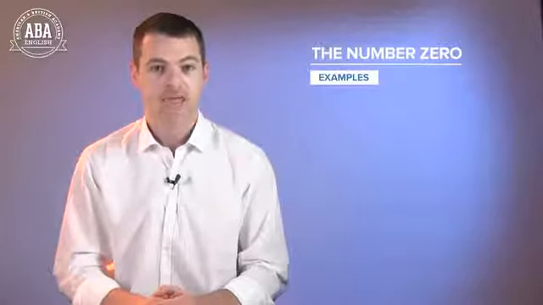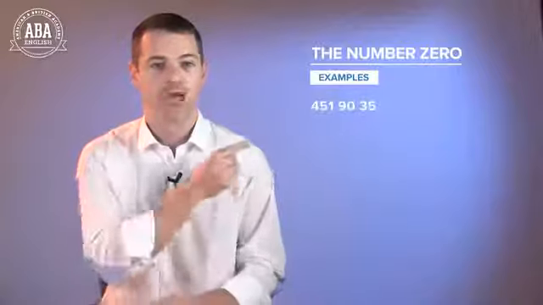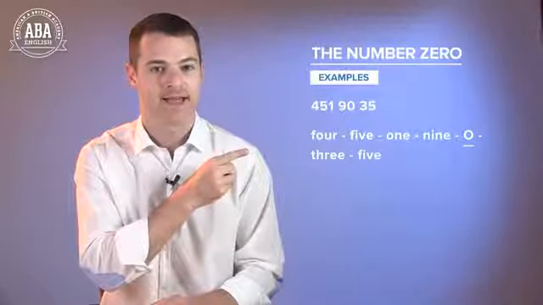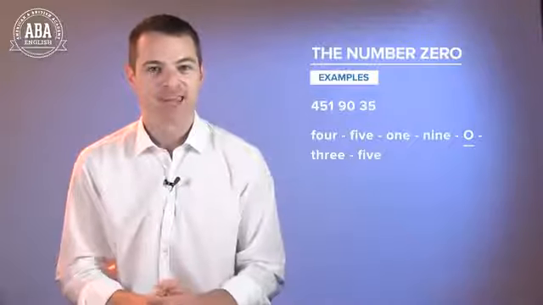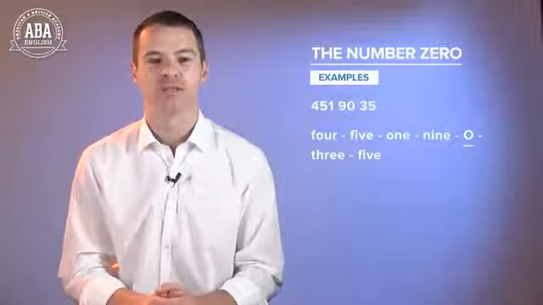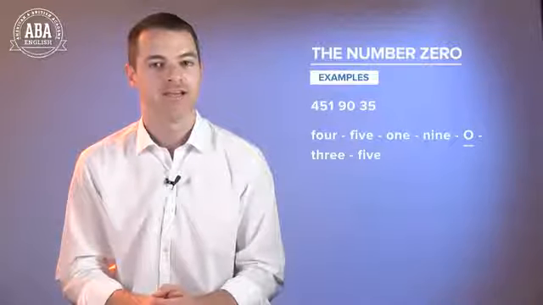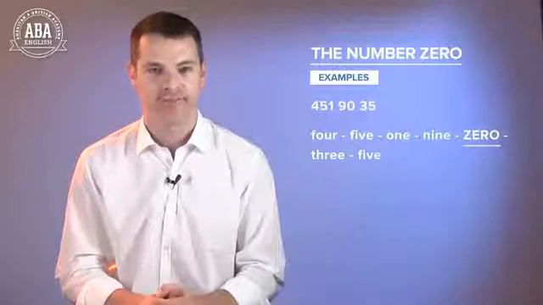Now, let's look at how to say 0 when giving phone numbers. In British English, we say O. Look, 4519035. However, in American English, we use the word zero. 4519035.